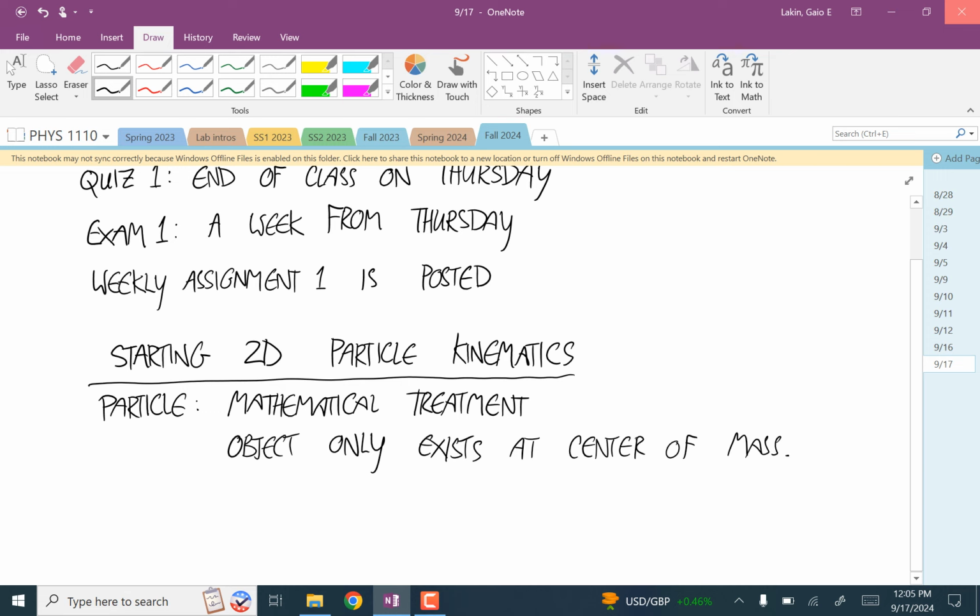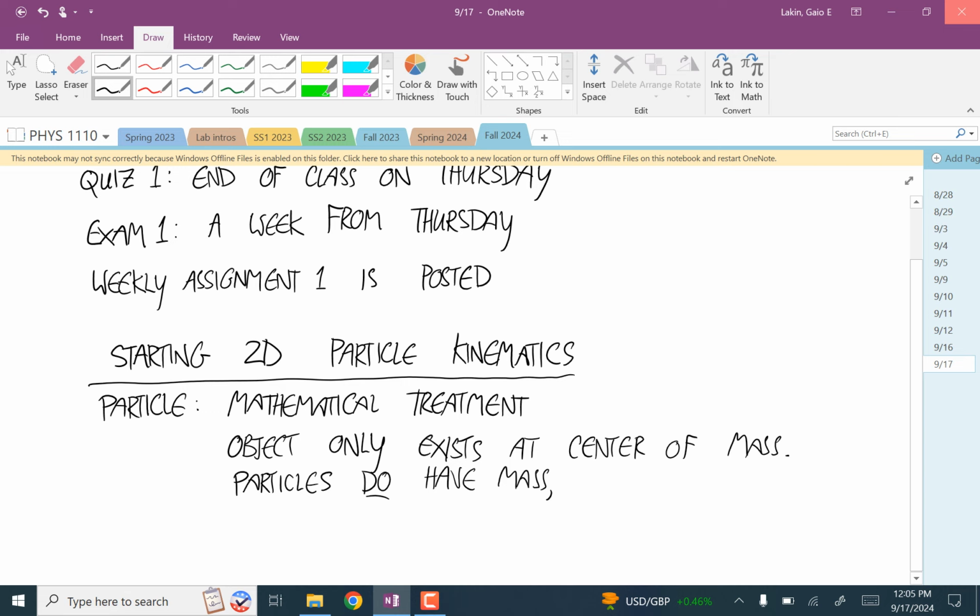Particles do have mass. And you can never say anything about a particle's orientation from calculations.